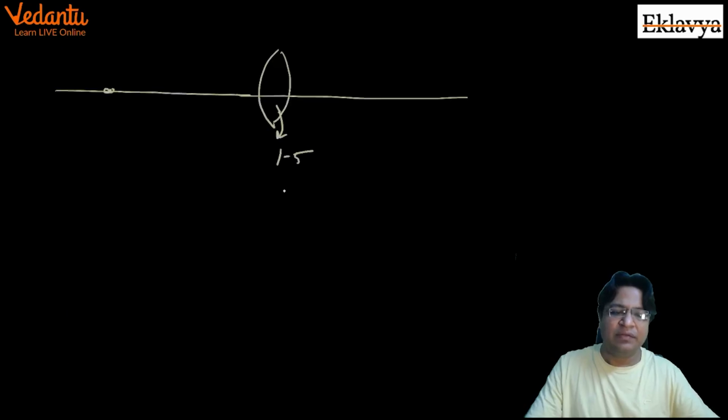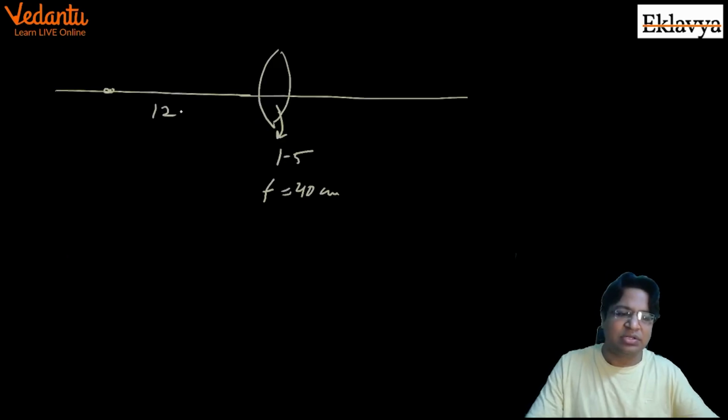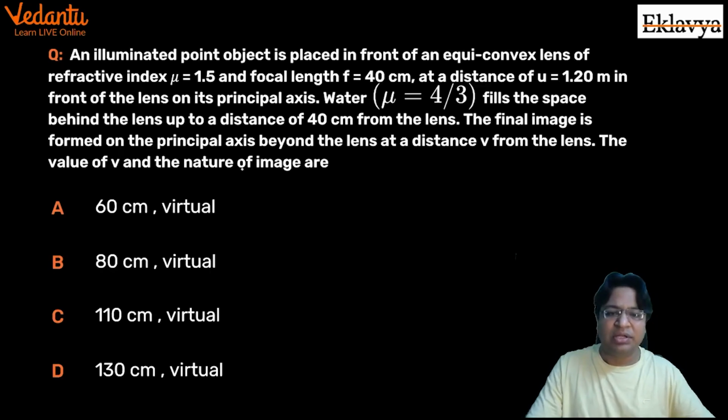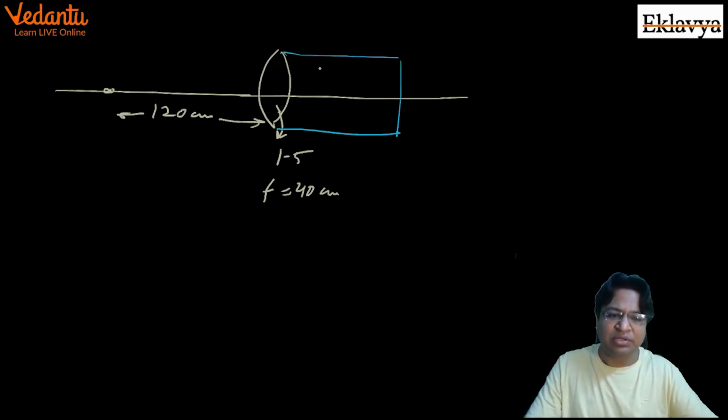Okay, the focal length is given to us as 40 centimeter, and then a distance. So this distance is 120 centimeter where an object is placed, and then there is water up to 40 centimeter distance. So behind the lens up to a distance of 40 centimeter somewhere.